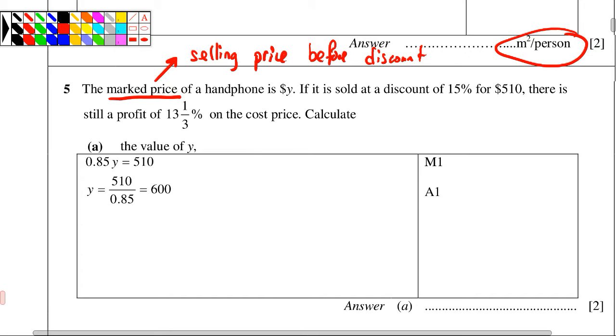So every time there's a mark price, there will be a selling price. And the selling price now is 510. Do you think the mark price is more or less? More. This is actually more than this, I think, even before reading. So my question is, I don't like this method actually. My question is, 510 is how many percent? 85. Then what do I want to do?